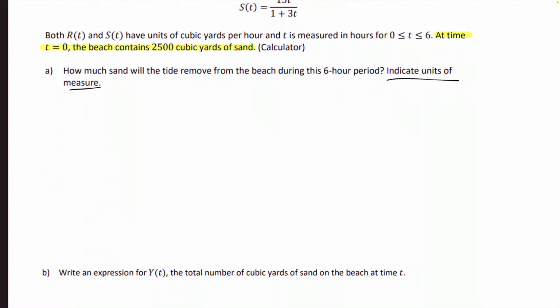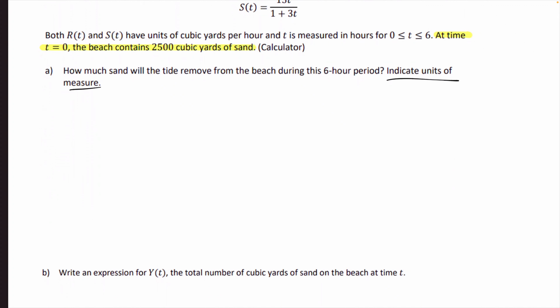Which part of the process did I forget? Yeah, there's going to be more on there, right? So you can't just take 2,500 and subtract, because there's also some coming in at the same time. So there are 3 things happening. There's sand already there. There's the pumping station pumping in more sand. But then there's also some leaving. Okay? So there are 3 things that we need to take note of.